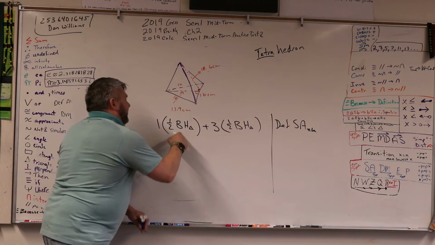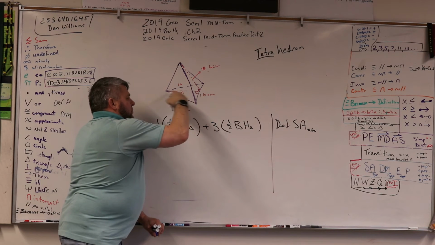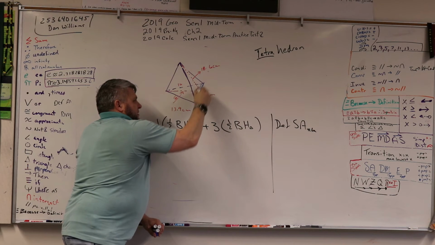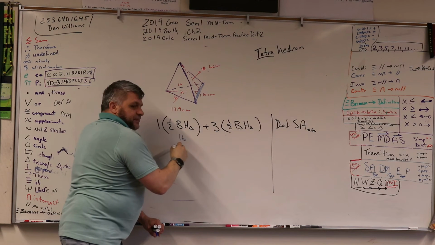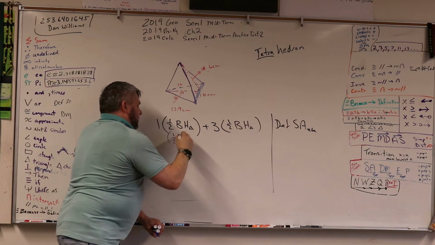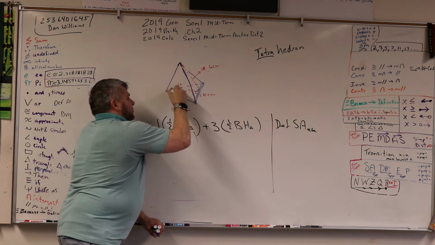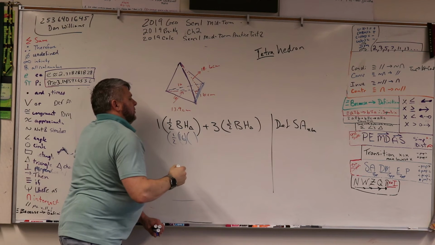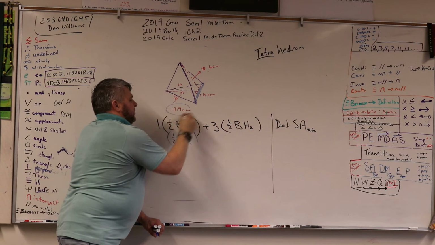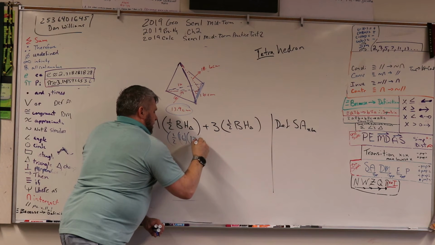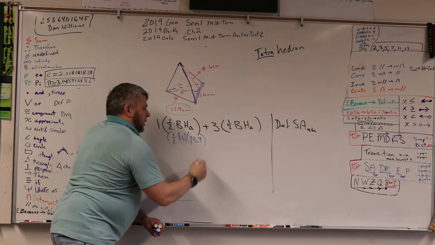All right, so what is this first base? This one. What is this? 16, right? So 1/2 times 16, and what's the height? We said it was 13.9. Yes, 13.9.